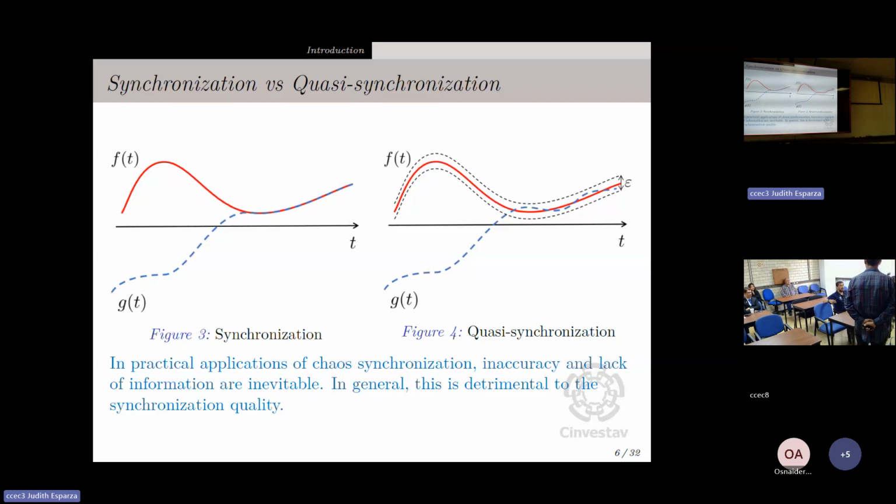So what could be the effect in this kind of application, like communication, when you really need some robustness? The implication of this epsilon, when we need robustness in the application.